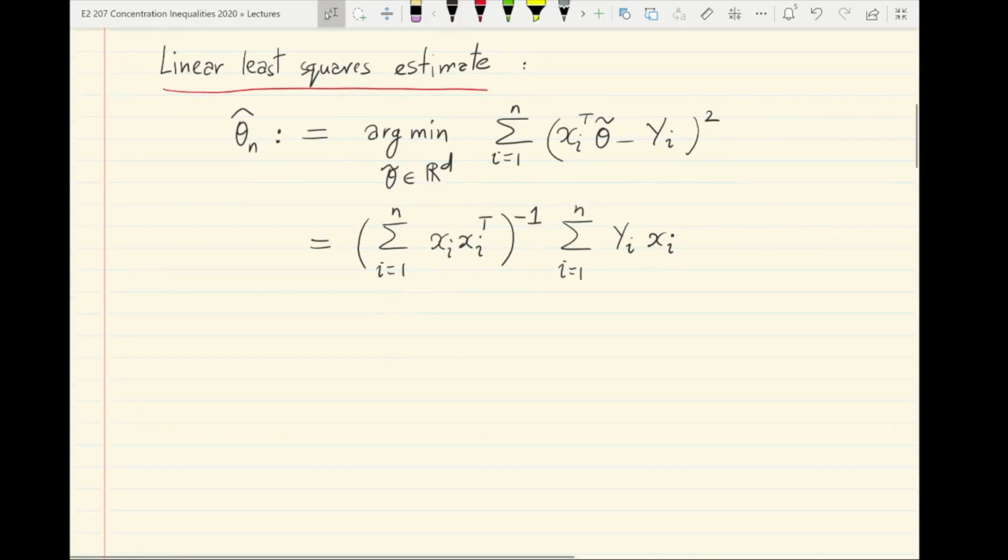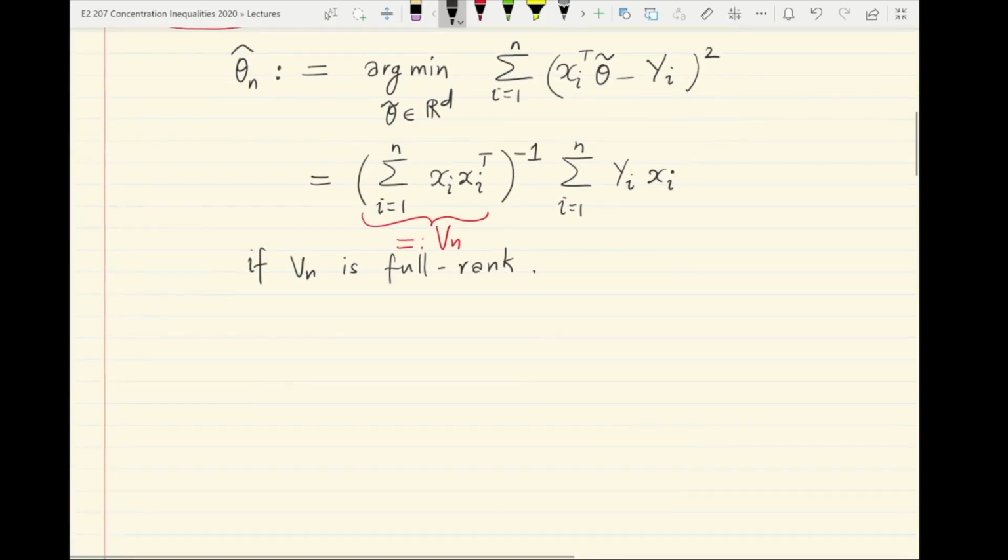Let's denote this matrix whose inverse is being taken as Vn. So this is true if Vn is invertible, or equivalently full rank.